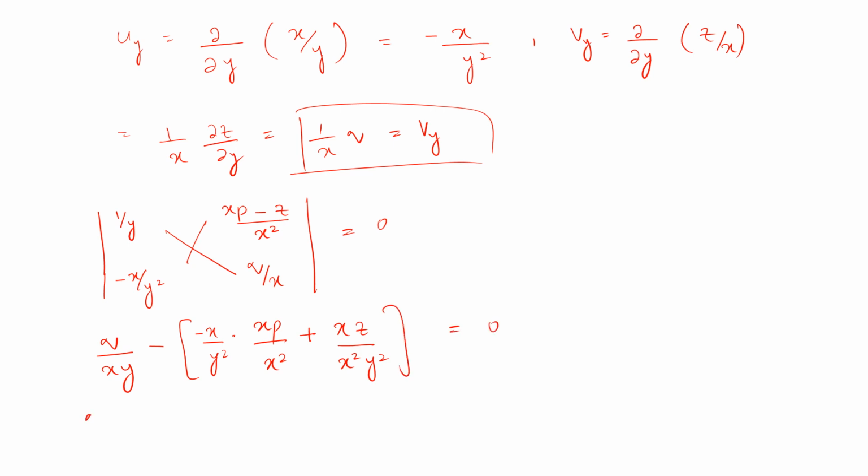So we'll simplify this. We will get q over xy, minus and minus is plus, then the x squared will be cancelled by these x's, so we will be left with p over y squared, and this x will be cancelled by this, and we will be left with negative z over x y squared equals 0.